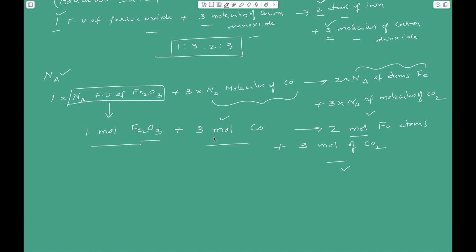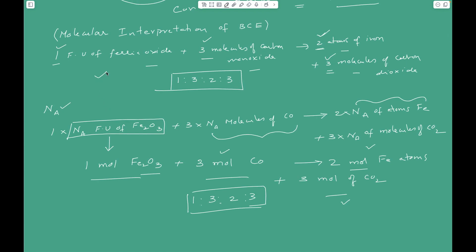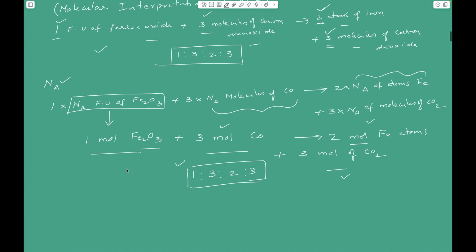If you look at the coefficients, they are again 1, 3, 2, 3. So the stoichiometric coefficients are still the same. We have the same stoichiometric coefficients here as well as here, in the molecular interpretation and in this interpretation as well. This is called molar interpretation.